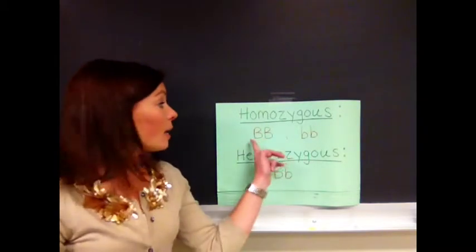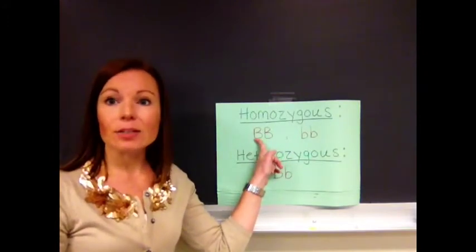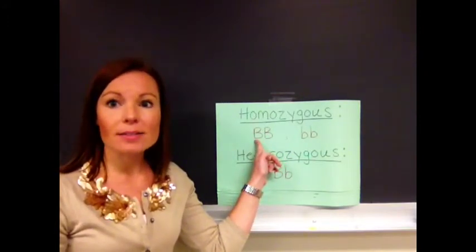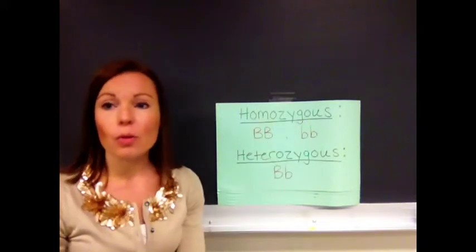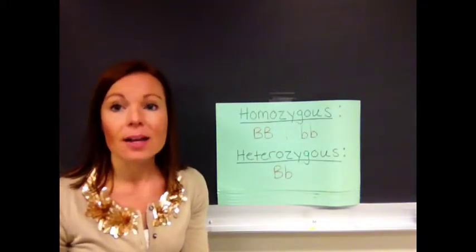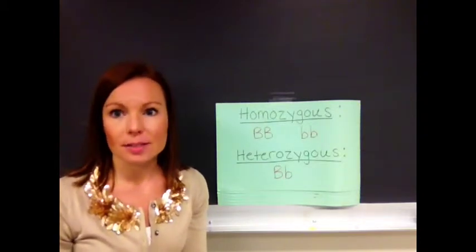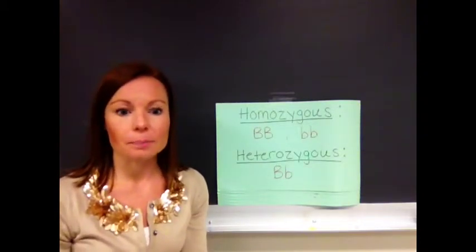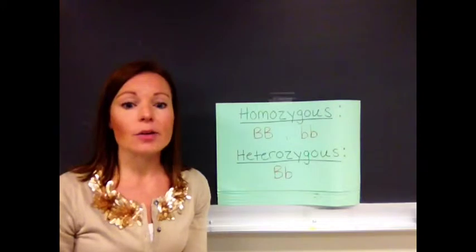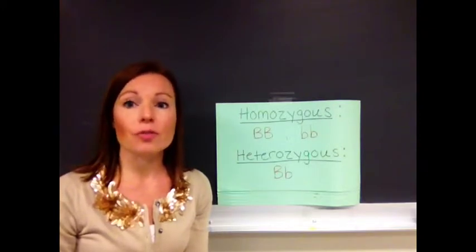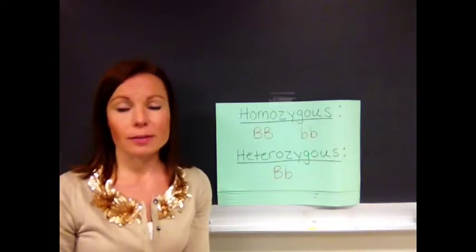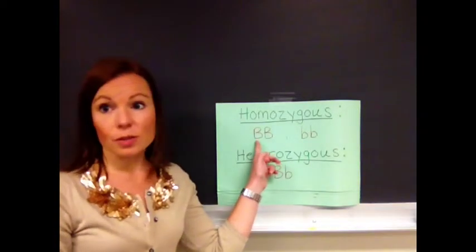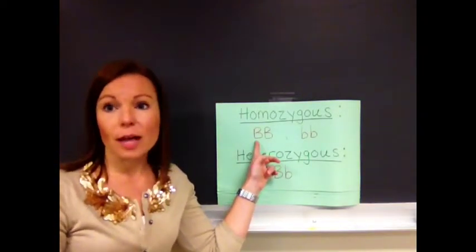For instance, if the capital letter B represents brown eyes, and this individual has two identical alleles, both coding for brown eyes, then the individual will definitely display the eye color brown. Generally, alleles are abbreviated using the first letter of the characteristic that they determine. So if this was for brown eyes, I've used the letter B.